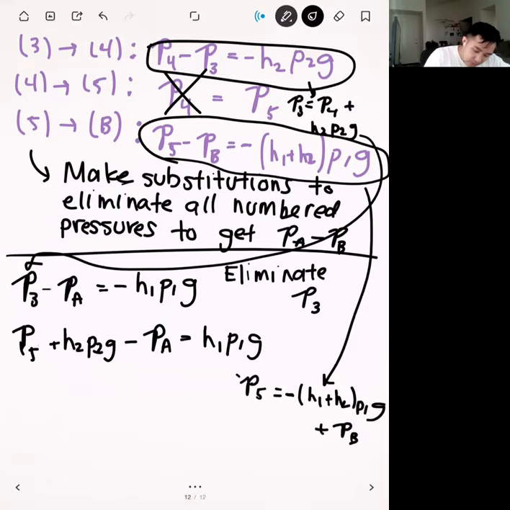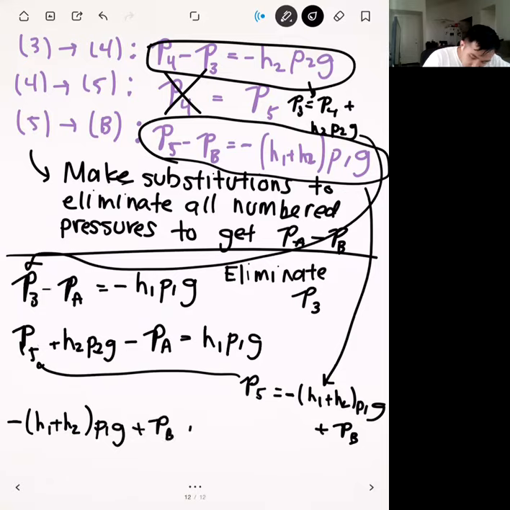Let's substitute that in, and we get minus (H1 plus H2) ρ1 G plus PB plus H2 ρ2 G minus PA is equal to minus H1 ρ1 G.